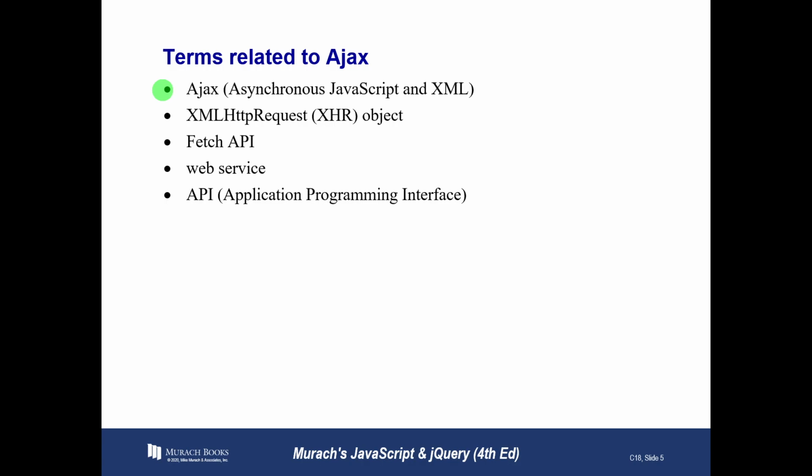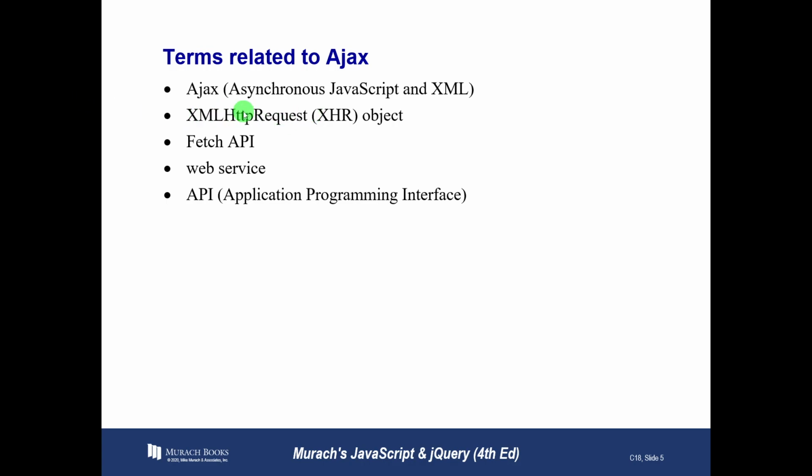We use something called an XML HTTP request object when we're working with XML, and you'll see coming up that we don't always work with XML. A lot of times we're working with something called JSON, which is JavaScript object notation.